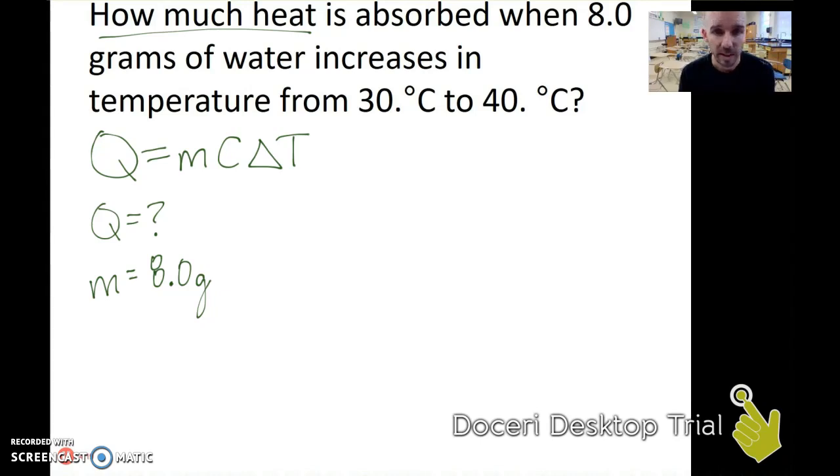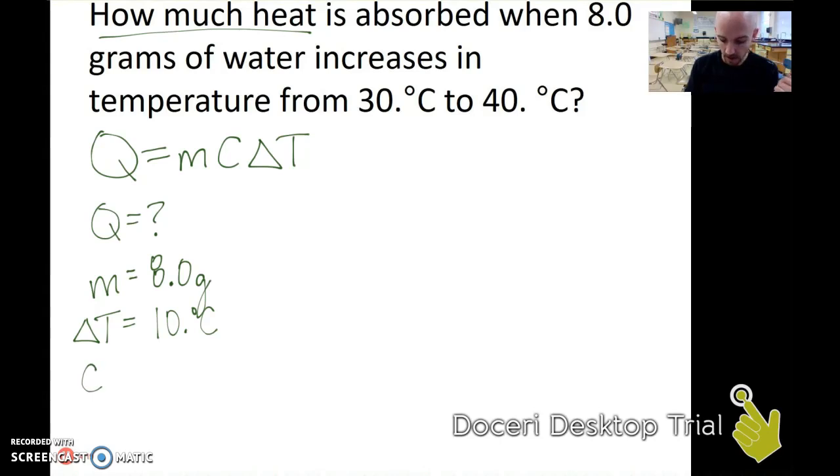What we're interested in here is the change in temperature. Well, if it goes from 30 to 40, the change in temperature was a 10 degree Celsius temperature change. You'll have to be sure you use the change in temperature, not necessarily the exact temperatures that are given, but just subtract them, 40 minus 30, and there's your change in temperature.